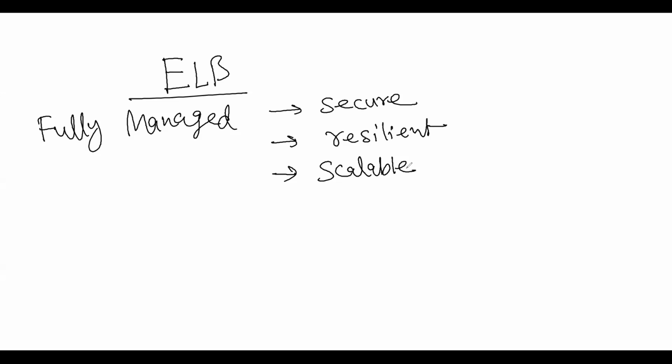Scalability is we'll be able to measure. We can scale up, we can scale down. Elasticity is like there is no up and down, it will be elastic like that. I'm not able to put it in words.